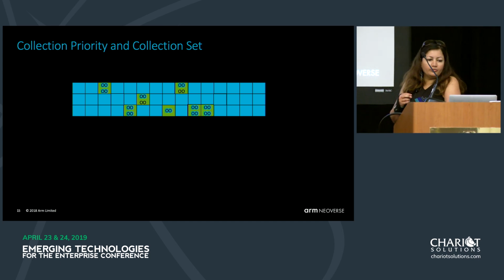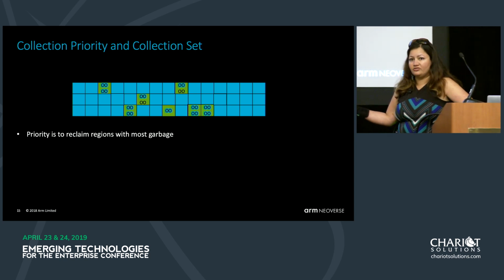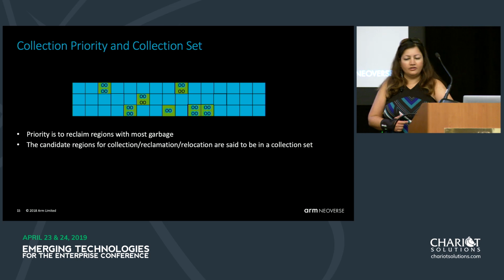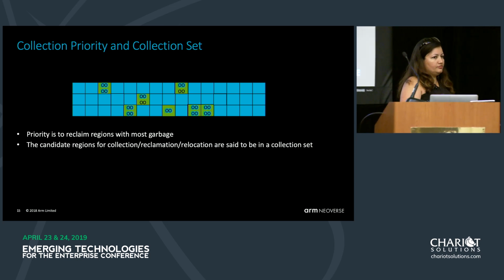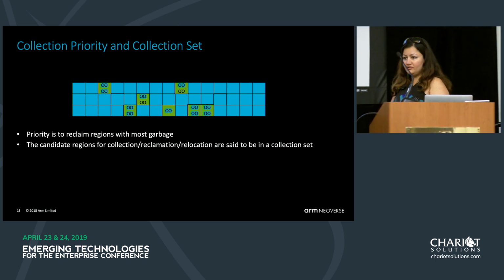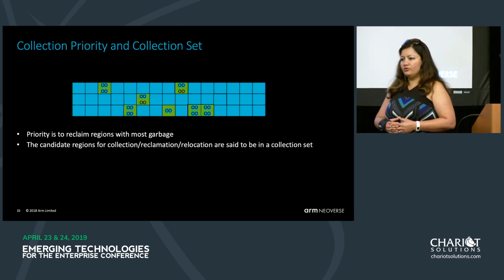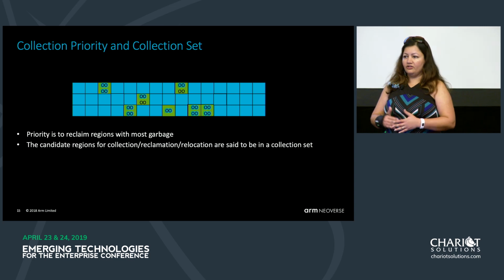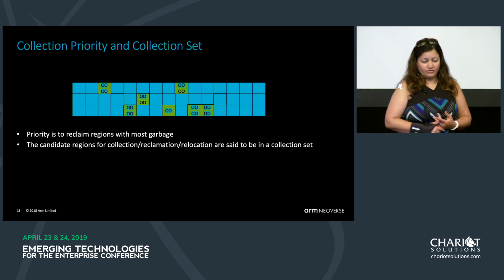So the priority is to reclaim regions with the most garbage, as you just saw. I also mentioned something about the collection set. The candidate regions for collection or reclamation are called the collection set. During every collection cycle, you will have these candidate regions, and those are the only regions that will be collected. This is true for ZGC, Shenandoah, and G1 GC.